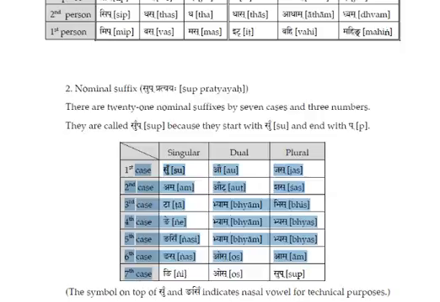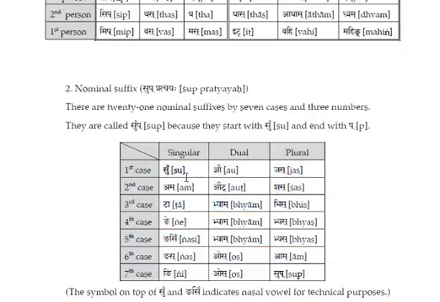What we want to understand now is that there are 21 nominal suffixes, and the nominal suffixes are called what? Sup pratyaya. Why is it called sup? Because it starts with su and ends with pa.